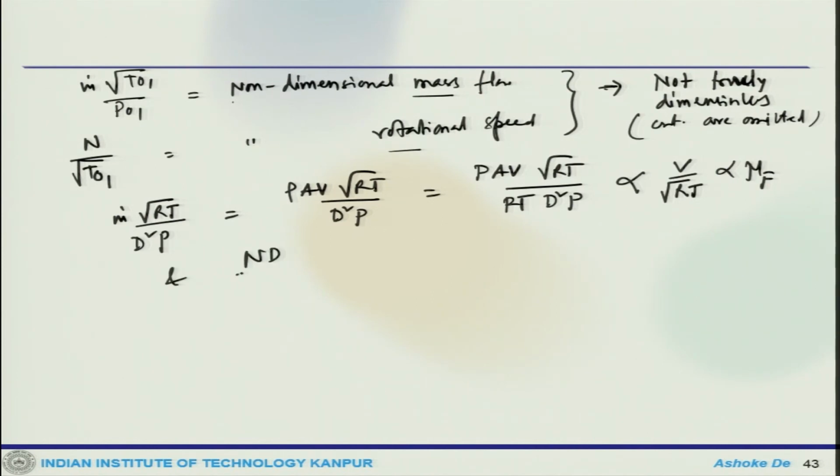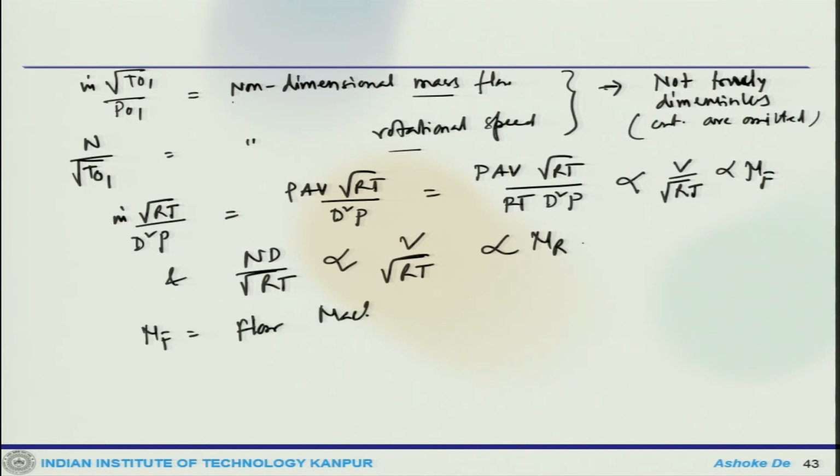And n d by root R T is proportional to V by root R T, the rotational Mach number. So, M f is the flow Mach number and M r is the rotational Mach number. These are the two different parameters that we get. So, we will stop here and continue in the next session.